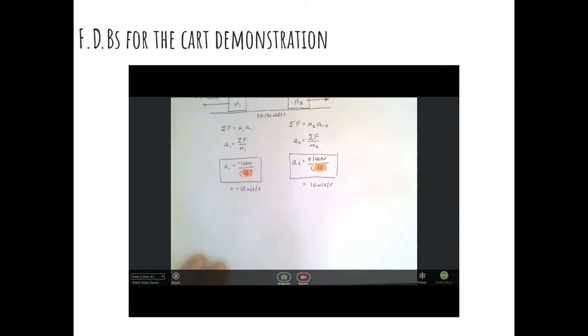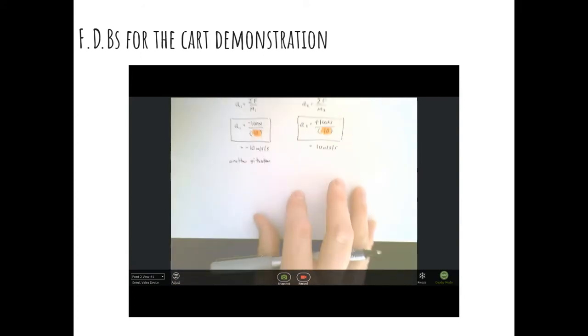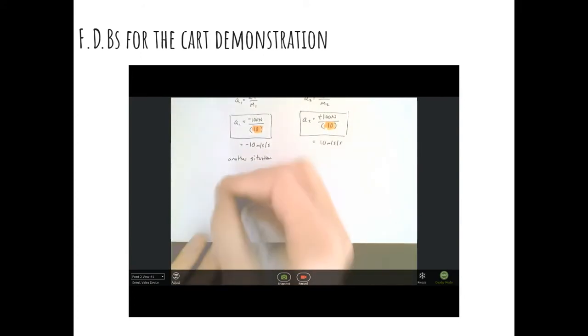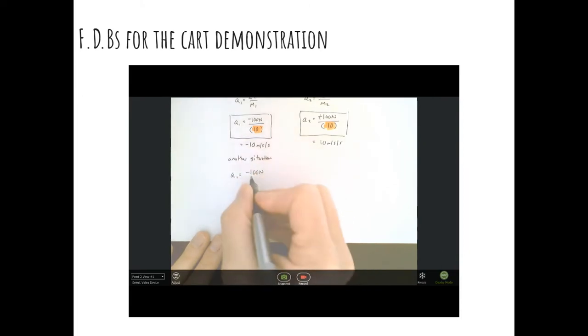Okay, well, let's consider a different situation. Let's assume that mass 1 is extremely light. So there's still a 100 newton force acting on it, but it only has a mass of 1 kilogram.